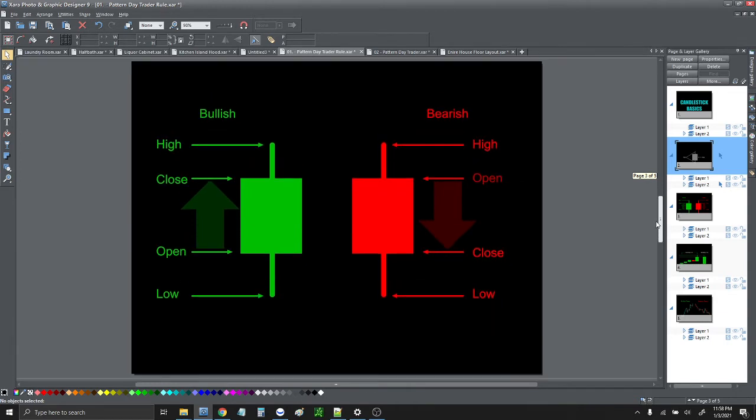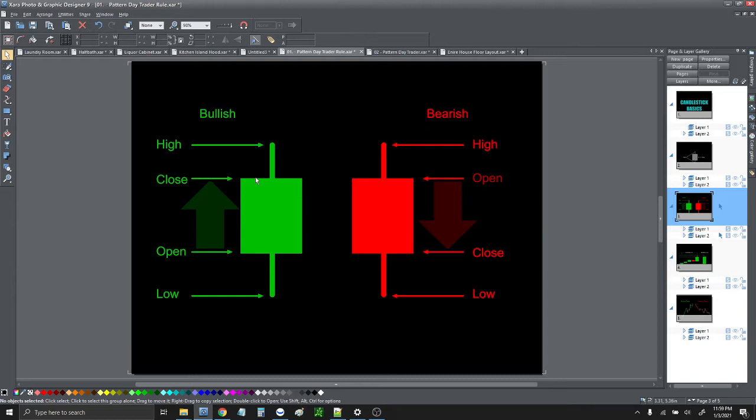So the two types of candles that you're going to mainly see are going to be red and green candles. Red indicating that it's a bullish pattern, the price opening down here at the bottom of the body and closing at the top of the body, indicating that it closed at a higher price.